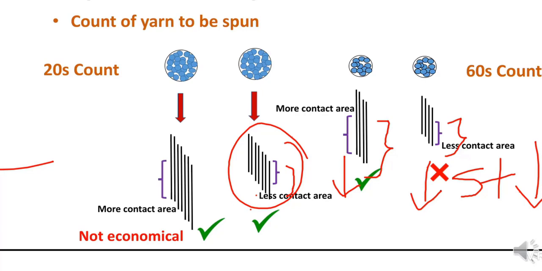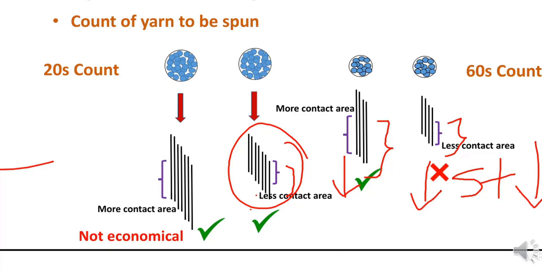Short fibers are to be used for spinning coarser counts. See once again, if we have long length and short length fibers, then we have to use longer length fibers for spinning finer counts, while we can use short length fibers for spinning coarser counts.